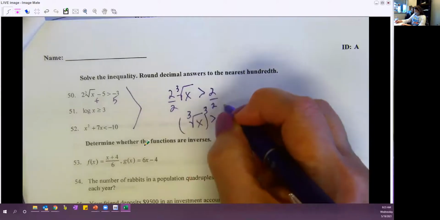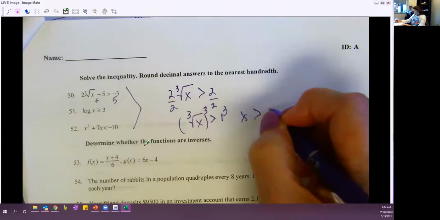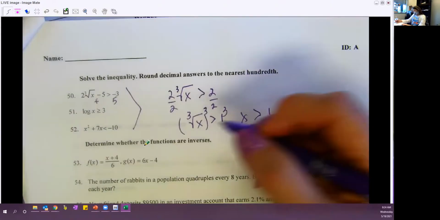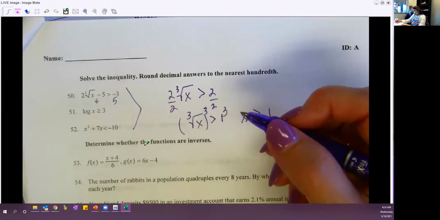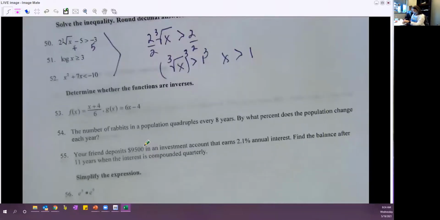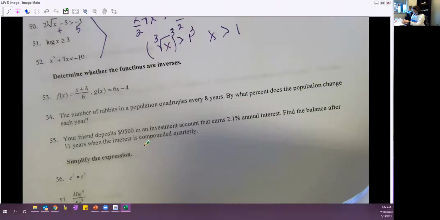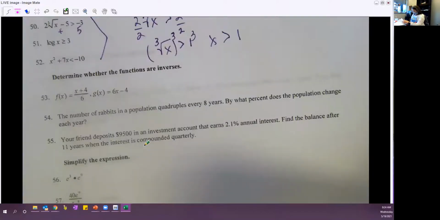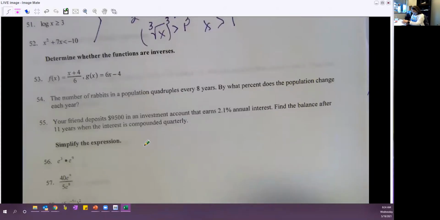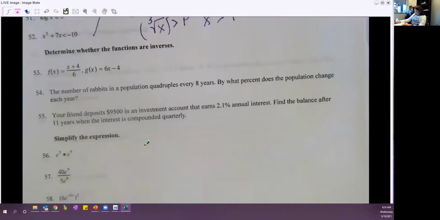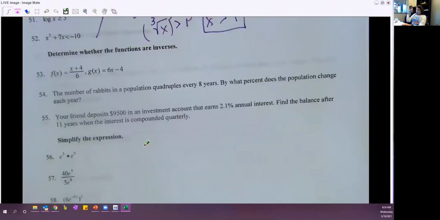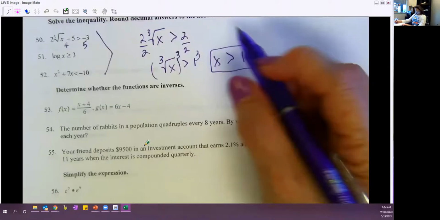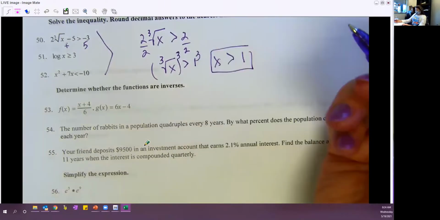We would cube both sides, which gives you x greater than 1. What do they want for the decimal? No, that's the answer. I don't know why it said this about the nearest 100. So you cube both sides. We didn't have to multiply or divide by a negative, so we didn't have to flip the symbol.